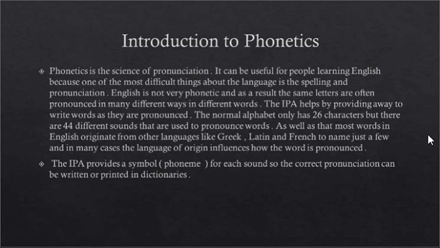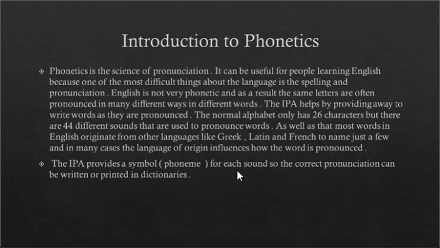The IPA provides a symbol for each sound. For example, in Hindi, we have a symbol for the a sound, and a symbol for the ka sound.